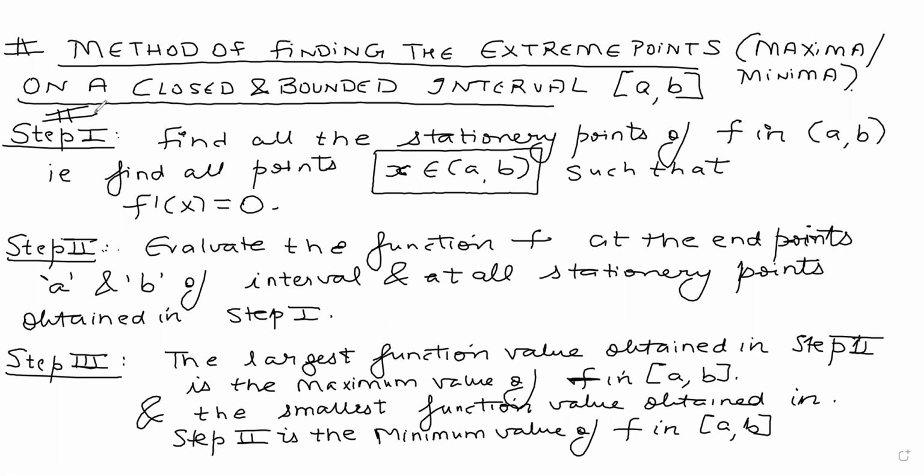Students know how we find the stationary point: put the first order derivative equal to 0 and solve for x. Step 2: you evaluate the function at the end points a and b, as well as at all the stationary points you have found in step 1. And step 3: whatever maximum value you obtain in step 2, that gives the maximum, and whatever minimum value you obtain in step 2, that gives the minimum.